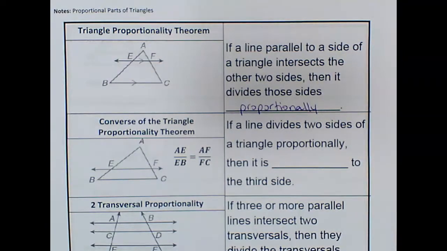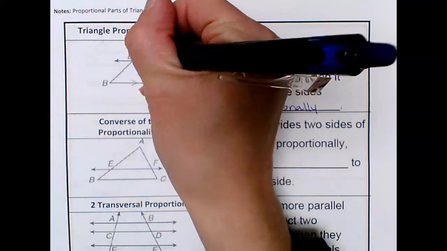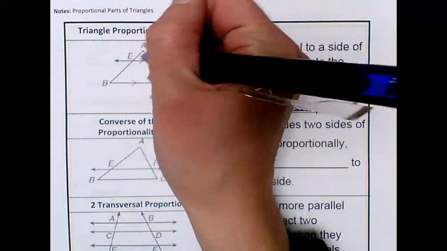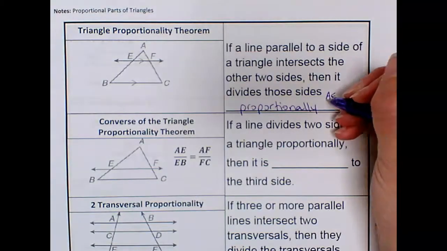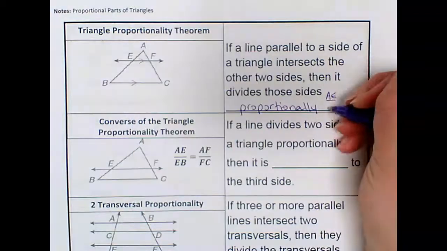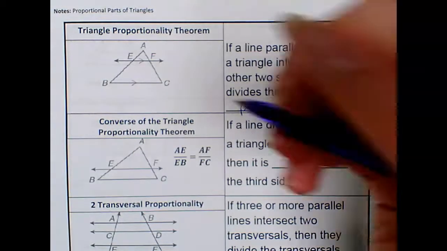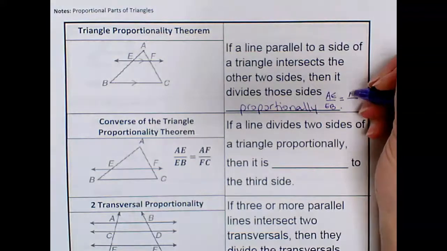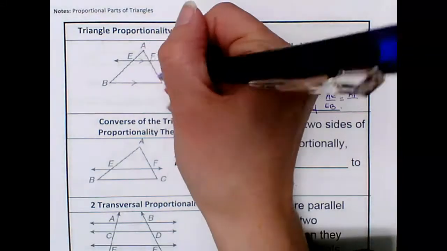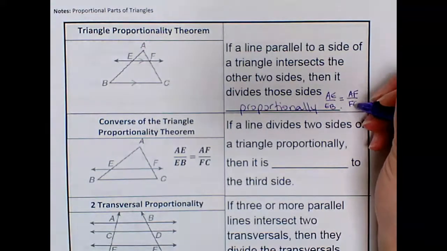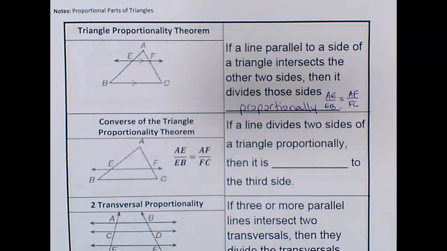And what this means is that side AE, if I divide it by side EB, then I should get the same ratio as if I were to divide AF by FC.